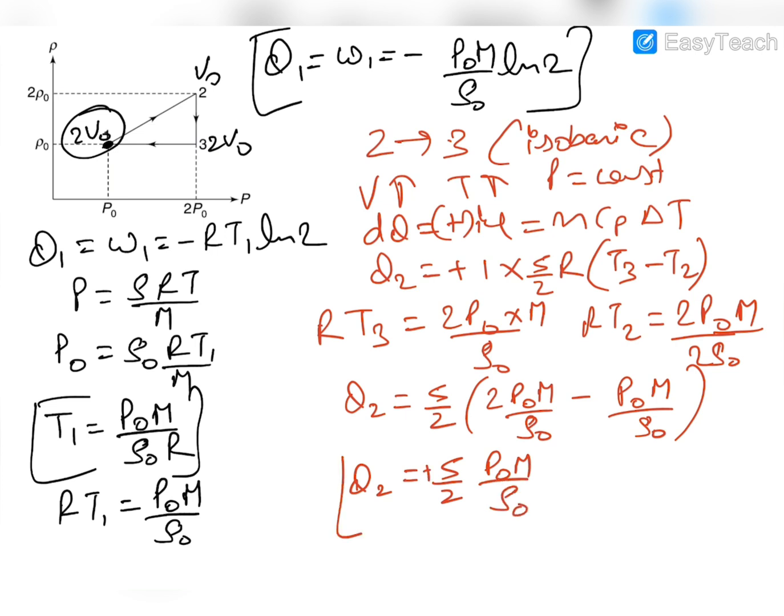This is positive, and work done will be equal to P delta V, and P is 2 P naught and delta V is V naught. Okay, this is delta V. So we have to find the value of P naught V naught in terms of P naught and rho naught. So work done will be equal to 2 P naught into V naught, and we can write volume as mass upon density.